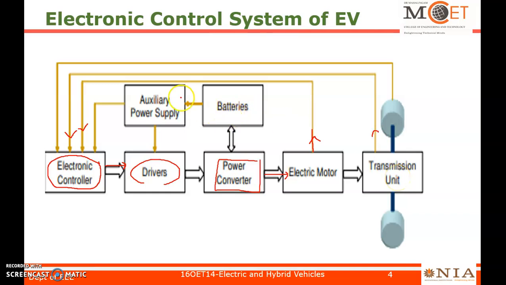The auxiliary power system is used to provide the electrical power supply for the driver circuit as well as the electronic controller circuit. But in case of failure of the auxiliary power supply, the batteries are used to provide the supply to the electronic controller, driver circuit and also the power electronic converter circuit for successful operation of the electric vehicle.